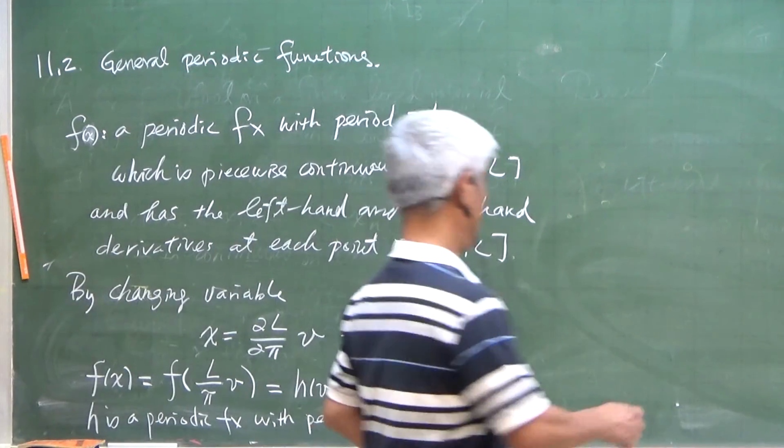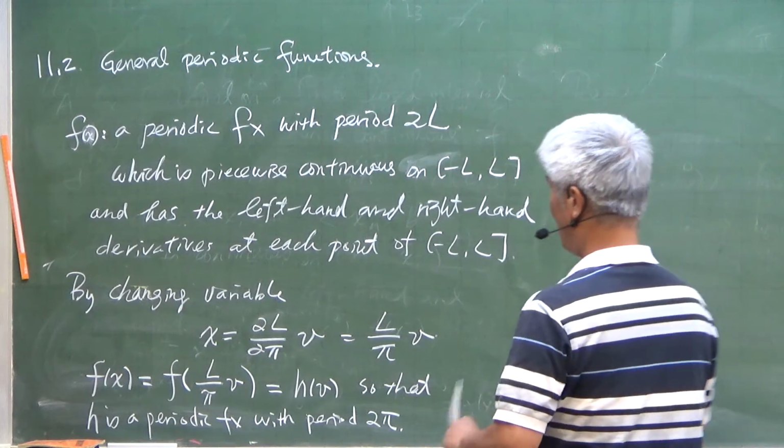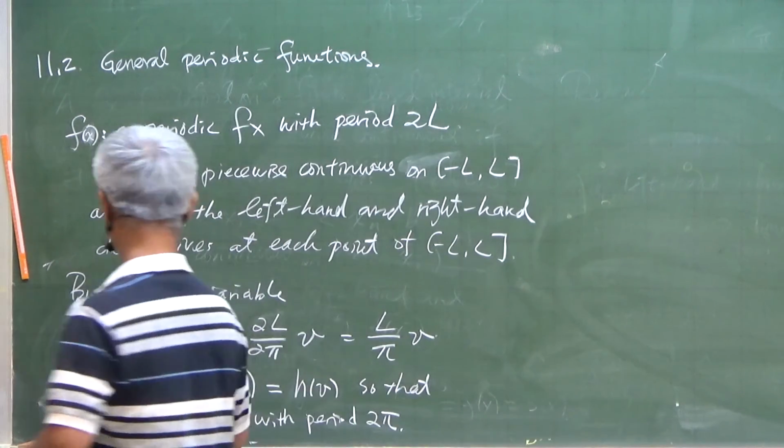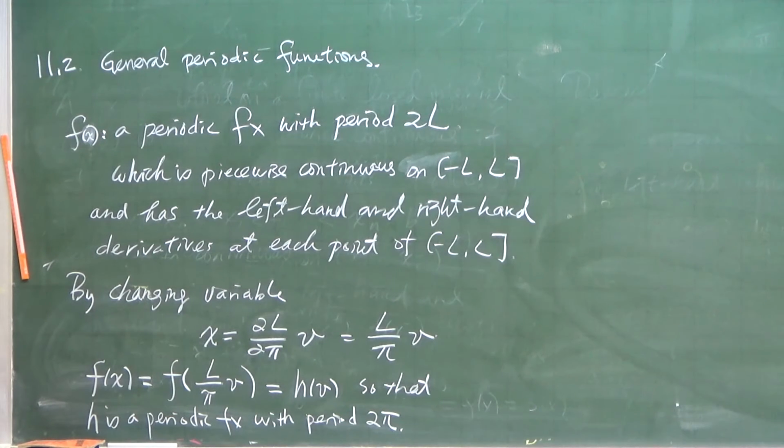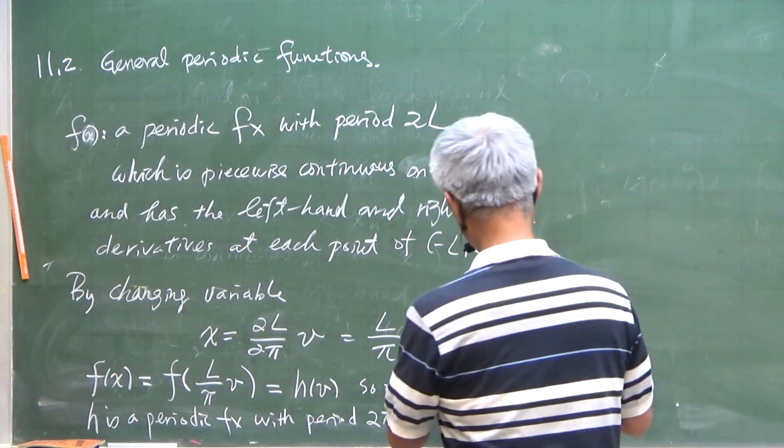This h function must be a periodic, piecewise continuous function, and has left-hand and right-hand derivatives too. Okay.